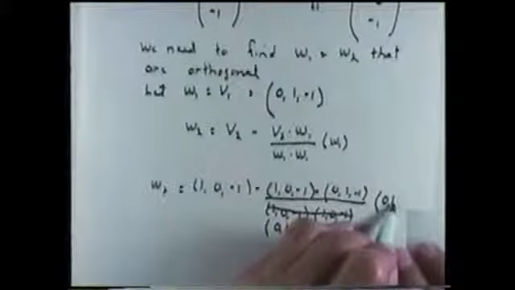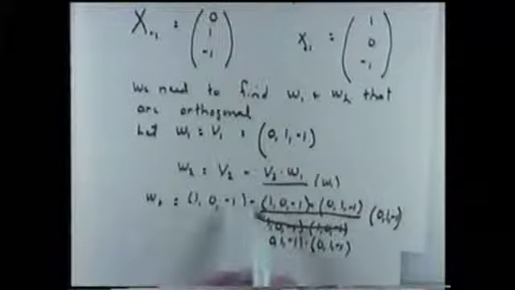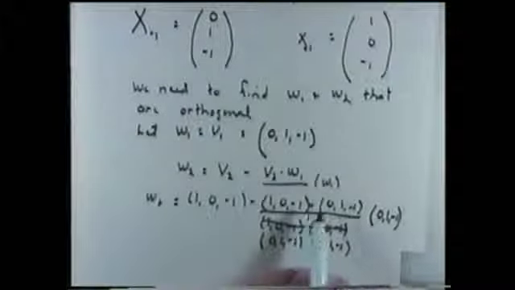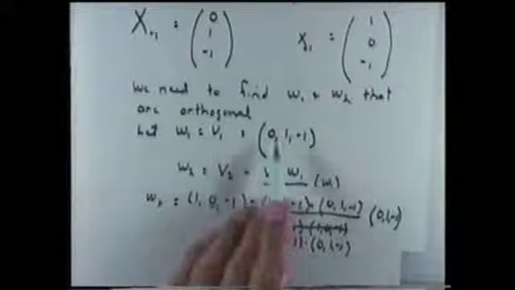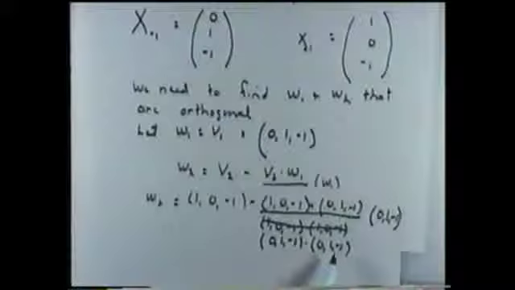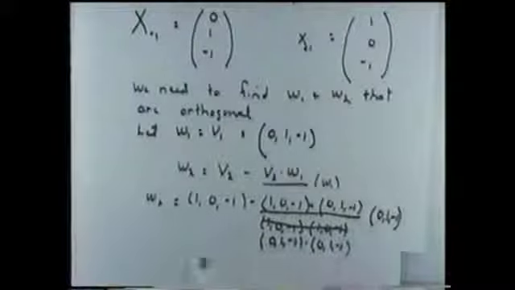I'm supposed to be putting W1 under here. Again, it is V2, (1, 0, -1), minus V2 dot W1 over W1 dot W1 times W1.